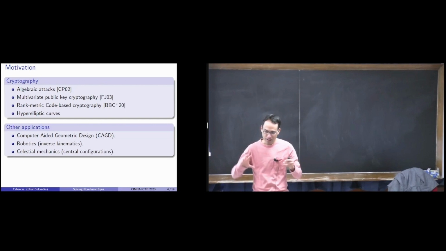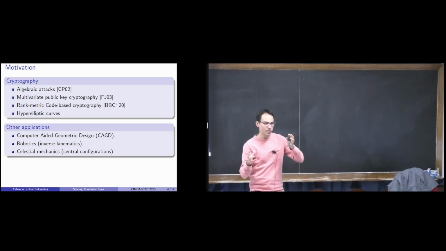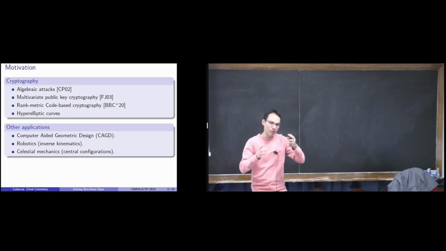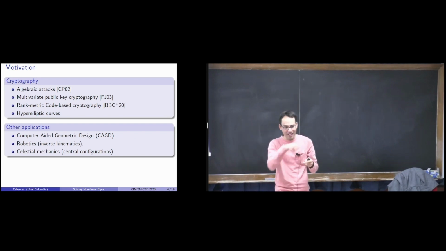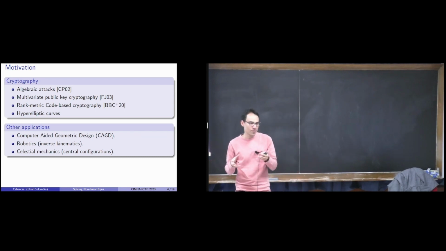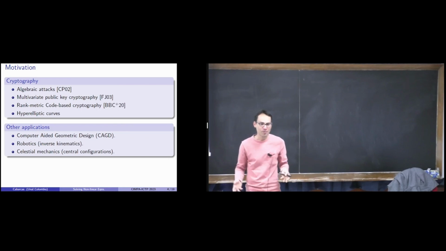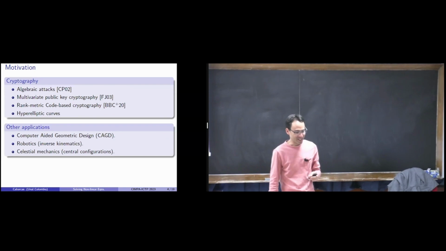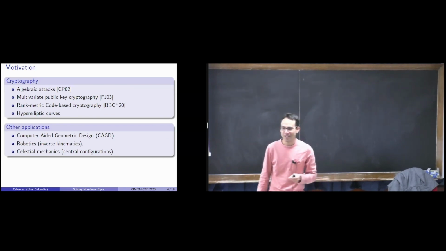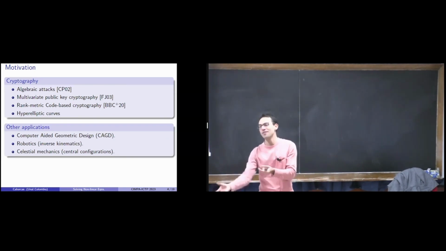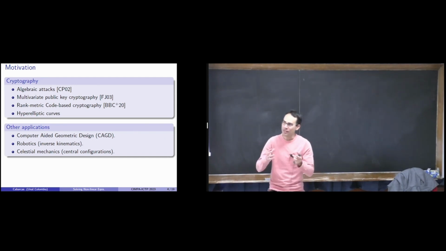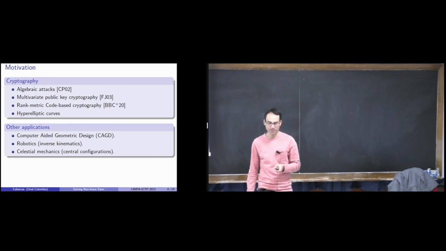And there are certain configurations that are stable somehow, and it's interesting to look for them, to find those configurations of the n-body problem. And to do that, one way is to use systems of polynomial equations. These things are called central configurations. And yes, you can also use Groebner bases or solving systems of polynomial equations to try to find those configurations of the n-body problem.